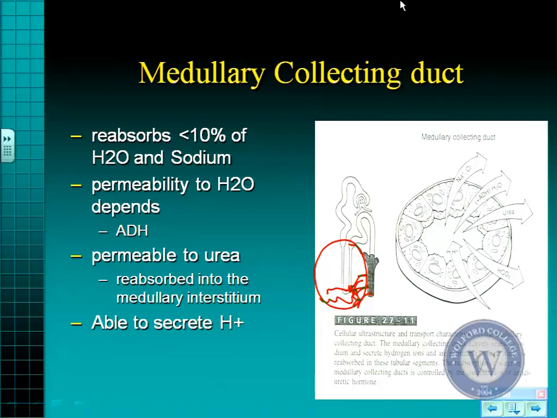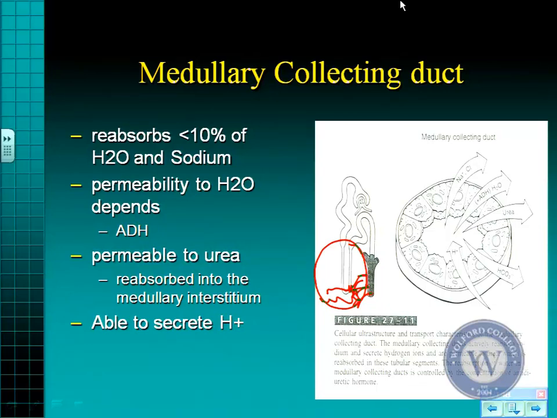Okay? The longer the loop of Henle, the more urea I can deposit into the bucket. So the more concentrated the urine can become. Okay, so if I'm looking at a desert mouse, he has very, very thick, very long loops of Henle, but he also has very high concentrations of urea inside his interstitial bucket.